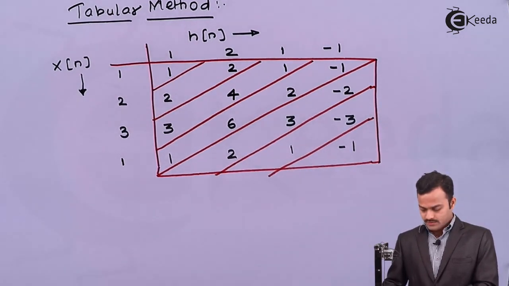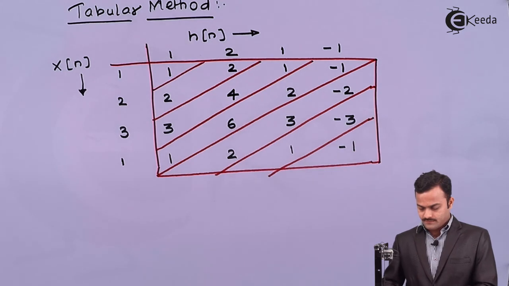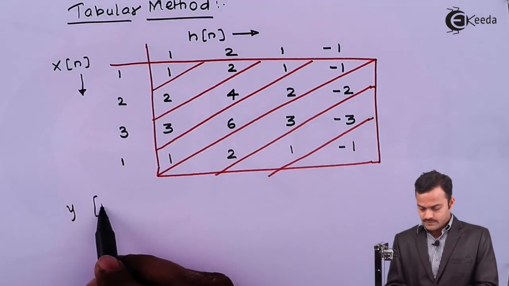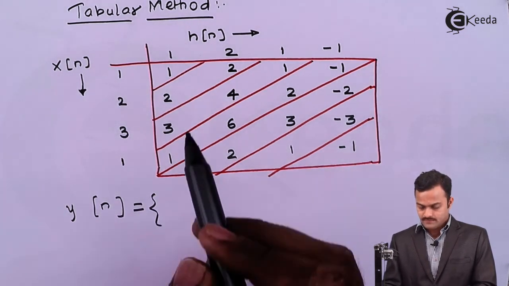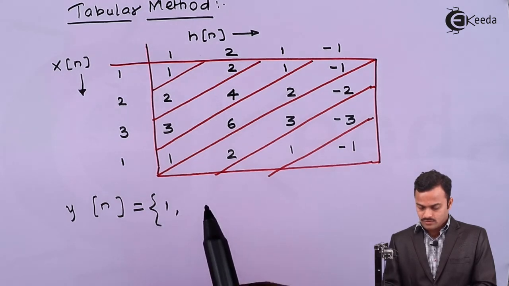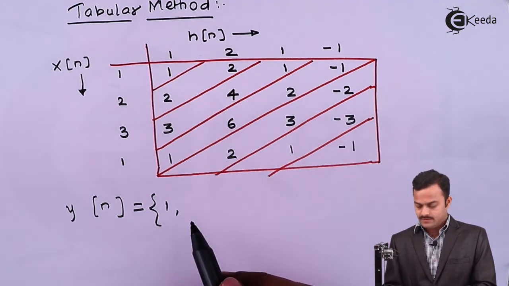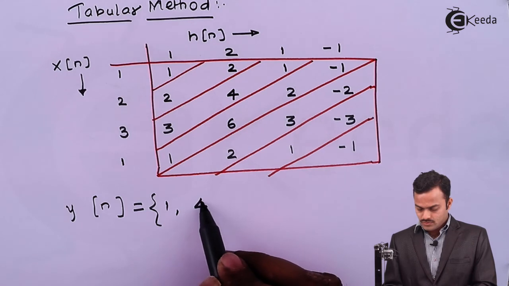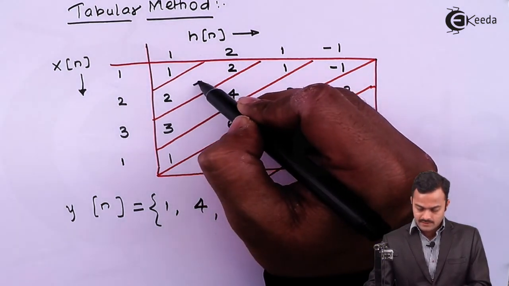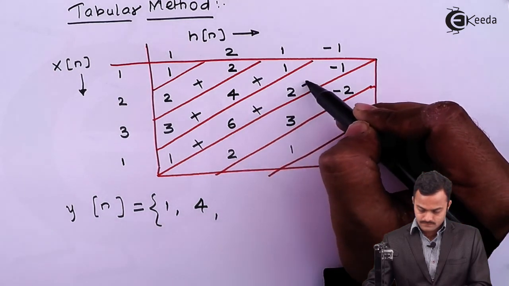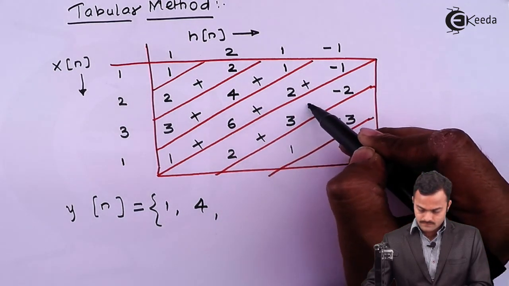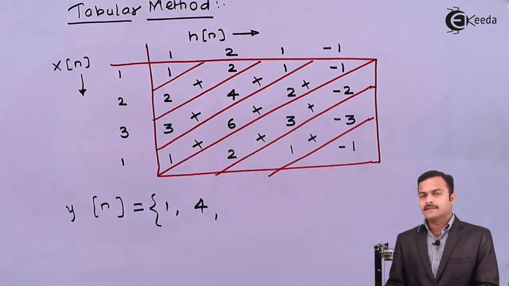And now over here we can say y of n, which is nothing but the convolution of x of n and h of n. Here the element is 1, then 2 and 2 get added, becomes 4. So in the end, we are just adding these with sign.